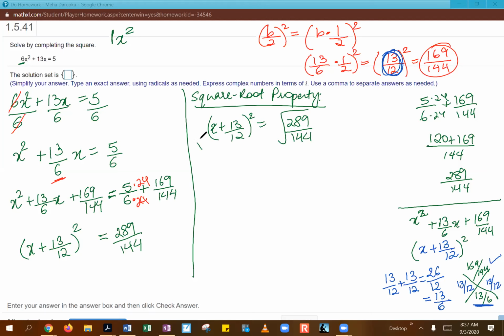Then we take a square root on both sides, plus or minus. Can you tell me, when we take a square root of 289, what number do we get? 17. Yeah, very nice. So x plus 13 over 12, and then on this side, 17 over 12. Don't forget the plus or minus. So can you tell me what our answers for x will be? Because of that plus or minus sign, you should get two different answers.